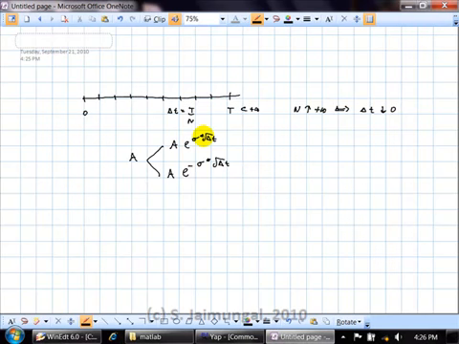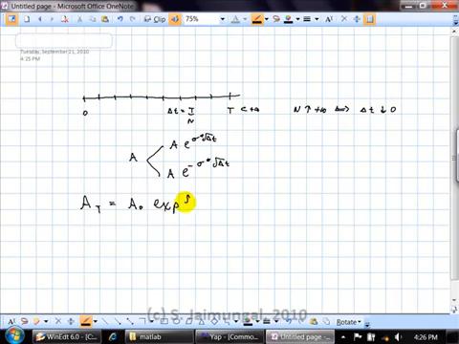So we'd like to answer the question, what is the asset price distribution at capital T? To answer that, we can simply use this recursion relation that we have, and we know that this becomes sigma star square root delta T times x1 plus x2 plus dot dot dot all the way up to xN. Every time we step, we go up or down, and the up or down is decided by this little Bernoulli random variable x.